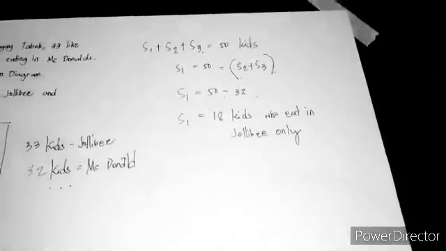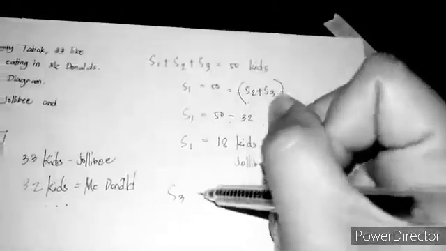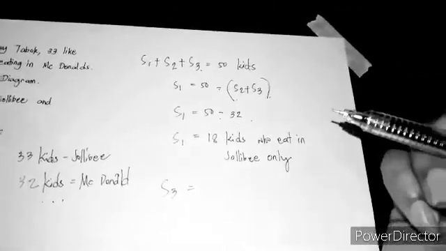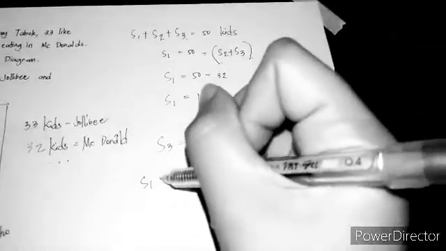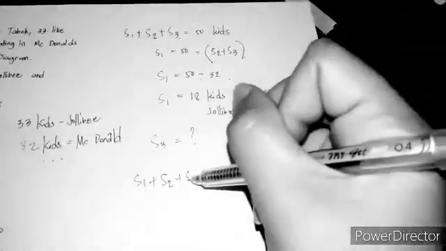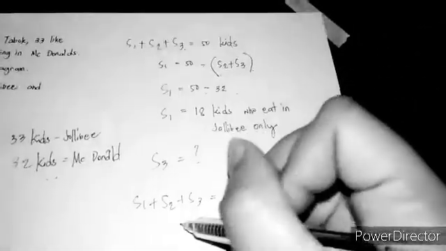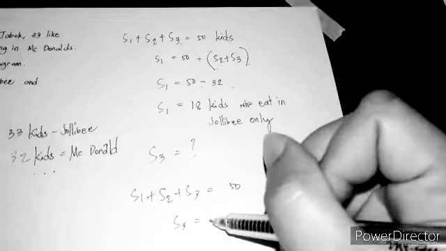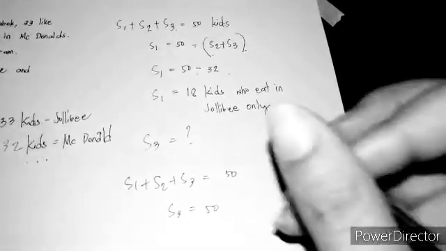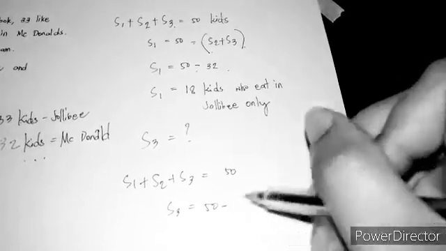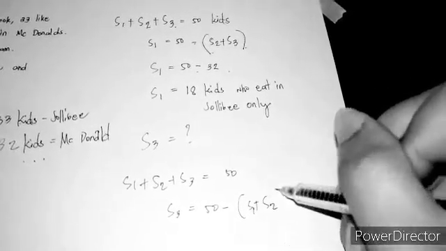Now, next, let's solve S3. S1 plus S2 plus S3 is equal to 50. So S3 is equal to 50, and if we transpose to the other side it becomes negative, minus S1 plus S2.